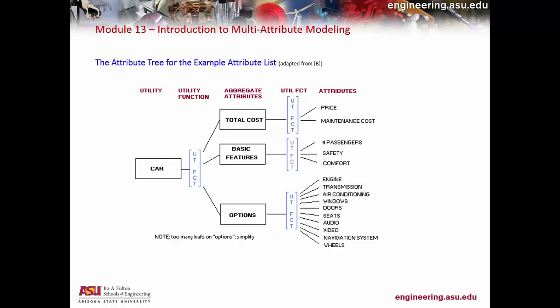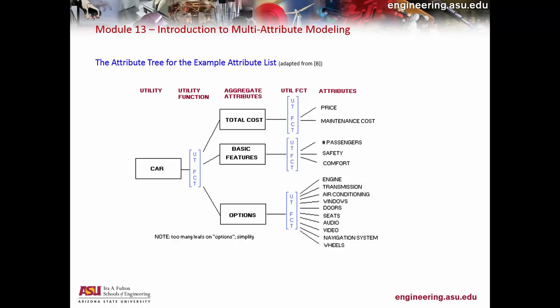And so you can look at it here, where I have a car, my utility function, which is, okay, how am I going to measure this? What do I value? And so the aggregate attributes are basically the main subheadings, is what we're really talking about. The utility functions drive that, and the attributes or variables drive those functions for total cost.